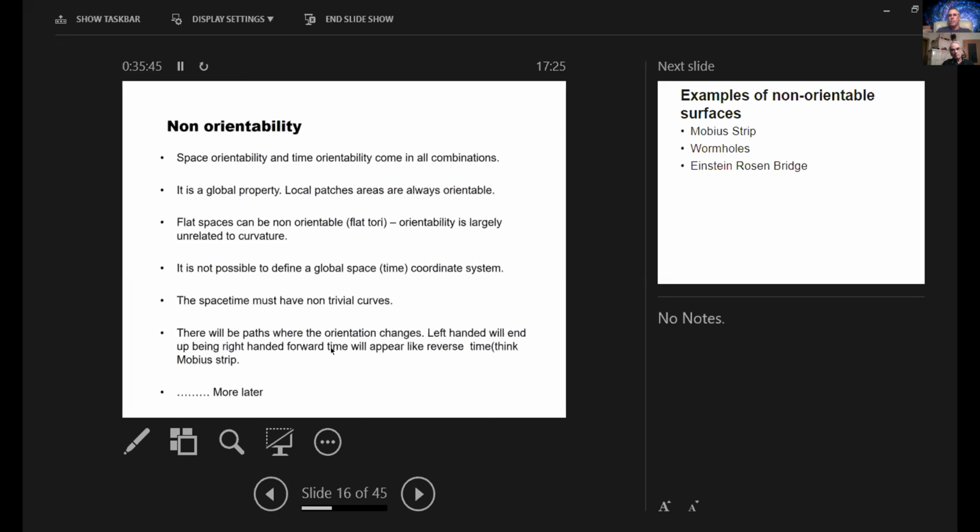Excuse me, I have a little confusion. So this number 4, is it referring to the general covariance in general relativity? It's related to that, or it's not possible to define a global space-time coordinate. For example, we have an anti-de Sitter space-time. This space-time has a global coordinate representation.